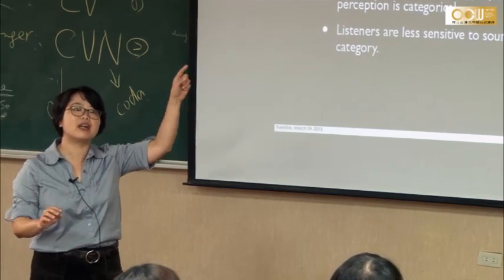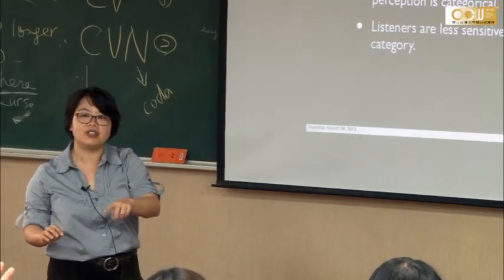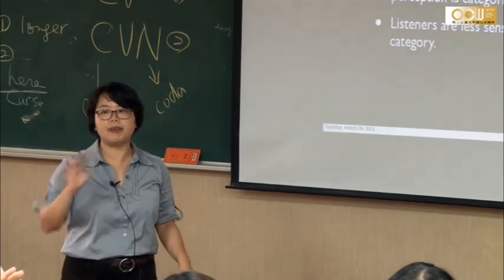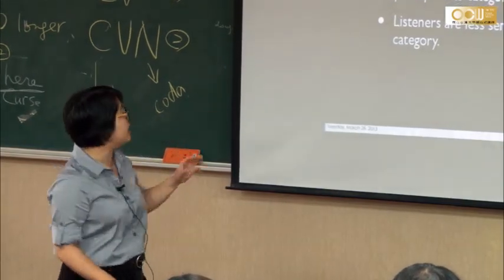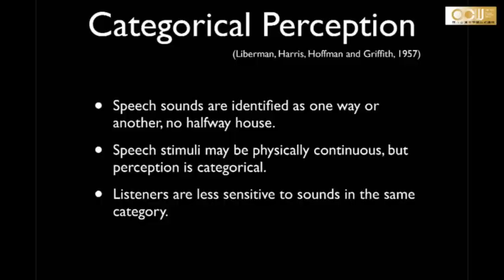That's why you don't get that gradient shift. You want it to be ba or pa. You don't have a gradient perception. So speech stimuli may be physically continuous, like the VOT we had, it could be 0, 10, 20, 30. It could be continuous physically. But perception is categorical. You want to categorize as B or P.